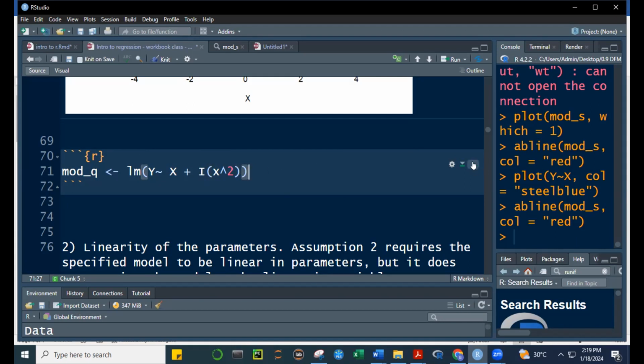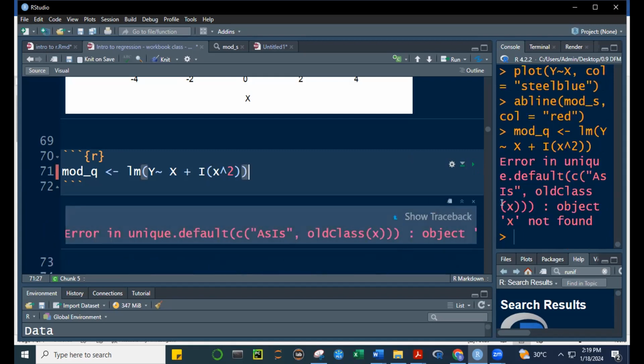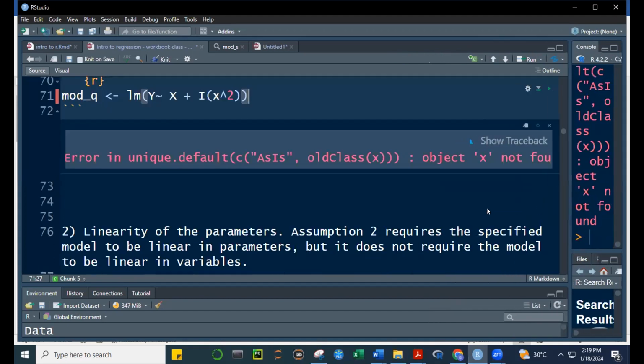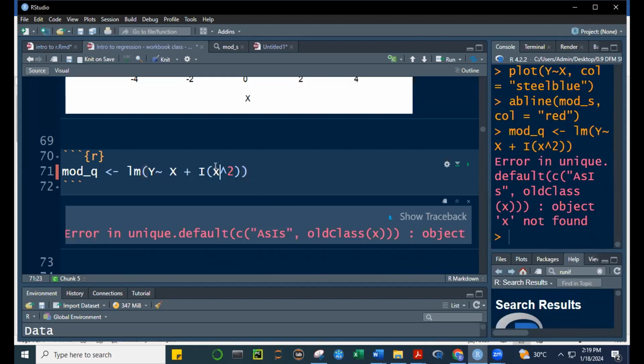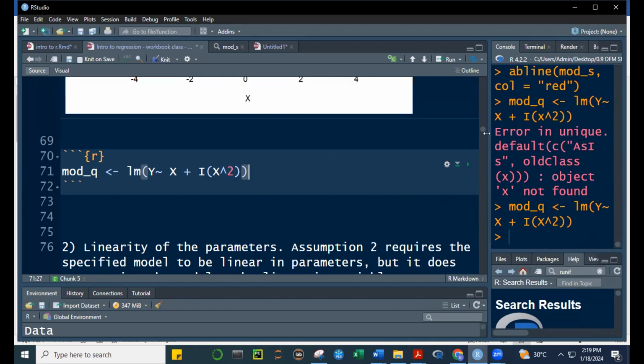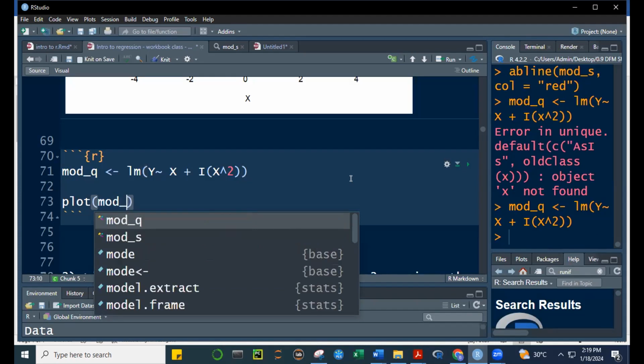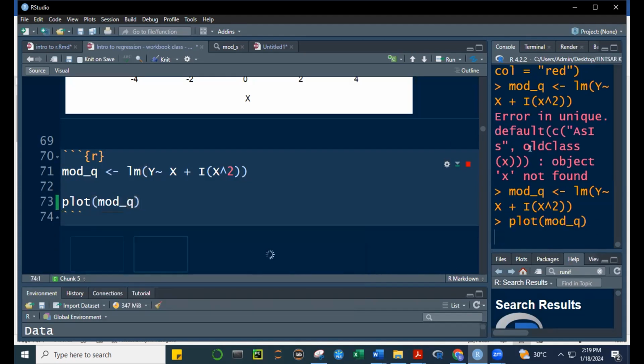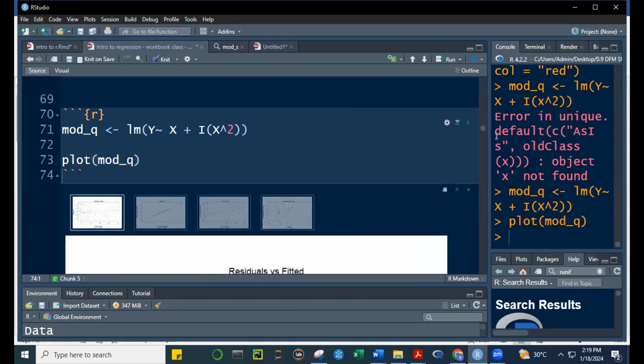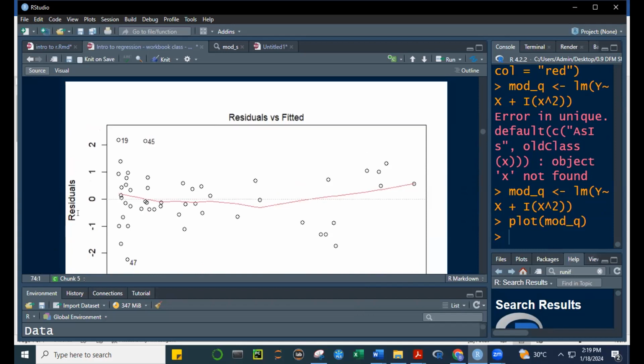All right, so if I run this, oops, ano nangyari? Small x ba to? Sorry. Small x yata to. Dapat capital X. Run. There you go. So may model Q na tayo, class. Tapos if I plot model Q, tingnan nyo, class, yung residuals.